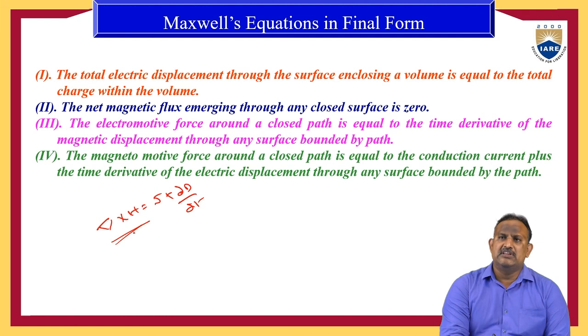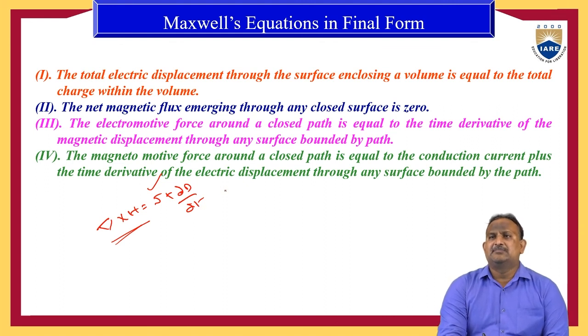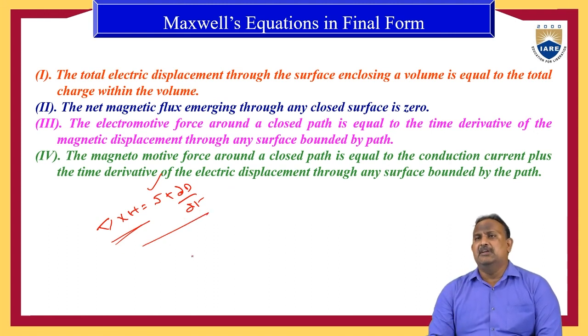The magnetomotive force around a closed path is equal to the conduction current J plus the time derivative of the electric displacement through any surface bounded by the path. So this is the fourth Maxwell equation in word statement.